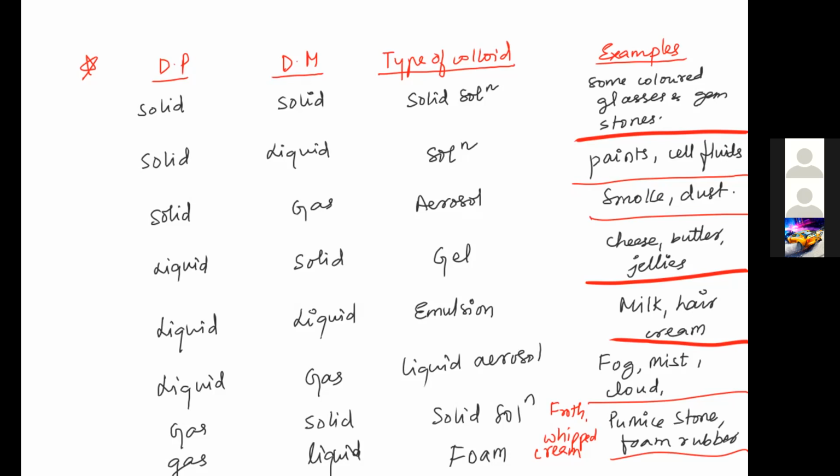So this is the classification of colloids based on the physical state of the dispersed medium and dispersed phase. Next, on the basis of the dispersed medium.